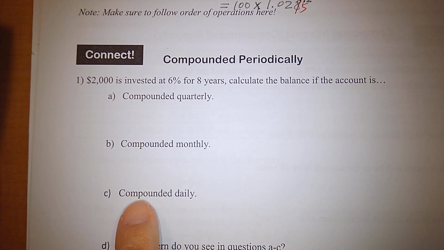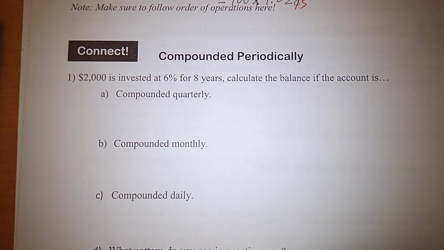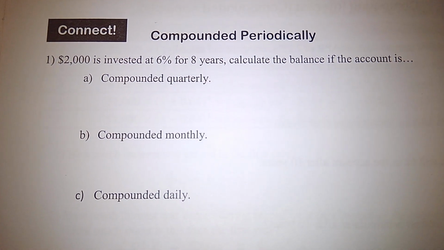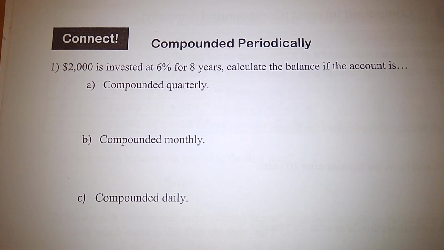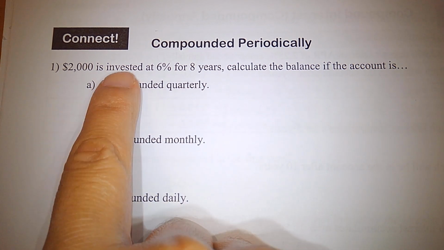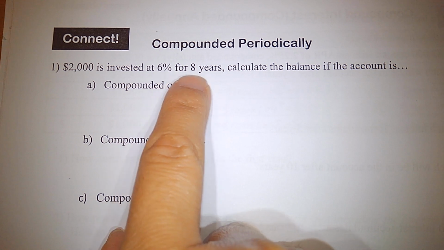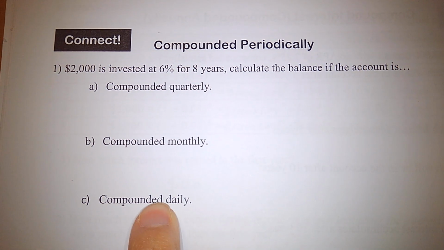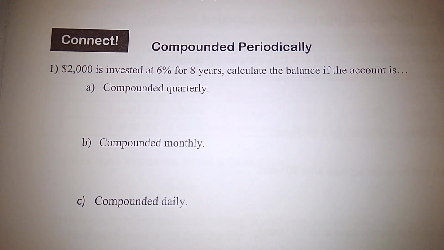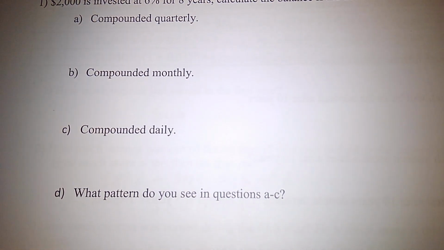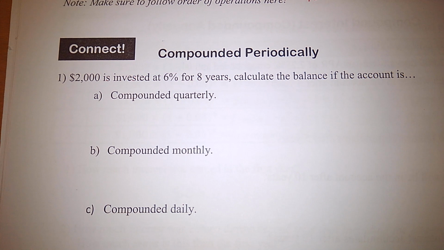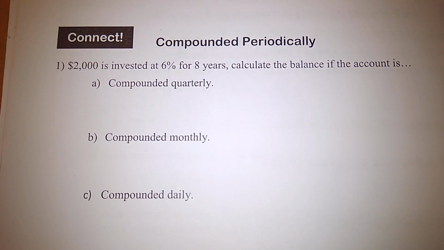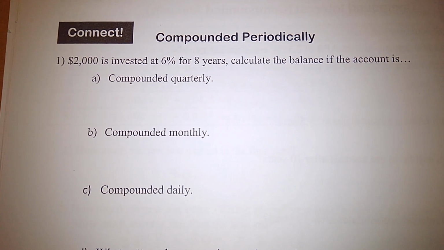Let's try question 1C, please. $2,000 is invested at the annual rate 6% for 8 years. Calculate the balance if the account is compounded daily. How do we set up the calculation according to the formula?